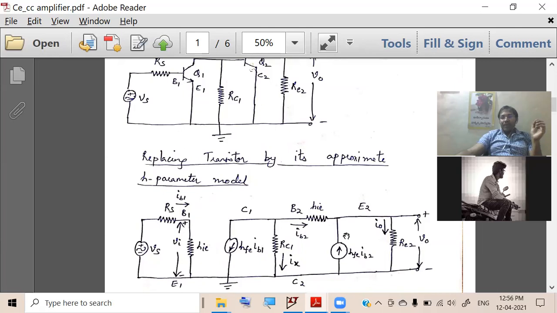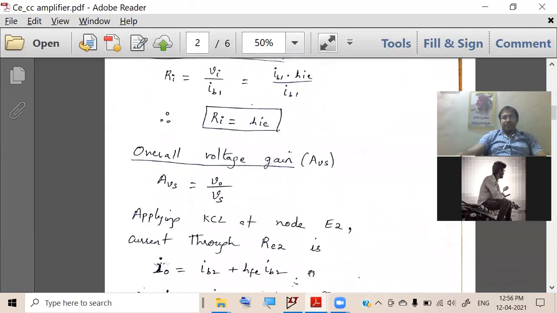So V0 will be minus IB2 into HIE, plus the voltage in this direction. Already the current is IX, same direction, so it will be plus. So V0 will be minus IB2 into HIE plus IX into RC1.